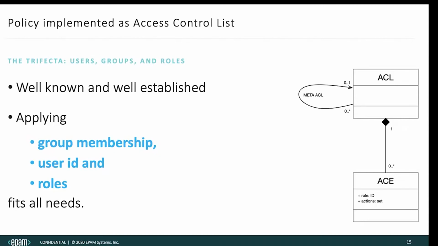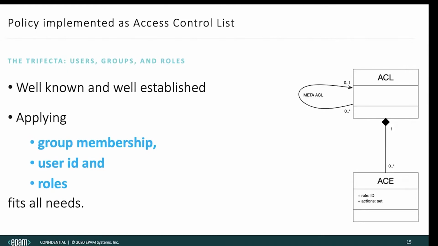And actually, an access control list is nothing else than a collection of access control elements, so ACEs, and every ACE has an ID, a kind of authority ID, so it can be a group name or a role name or a user ID, and a set of actions that this authority can do.